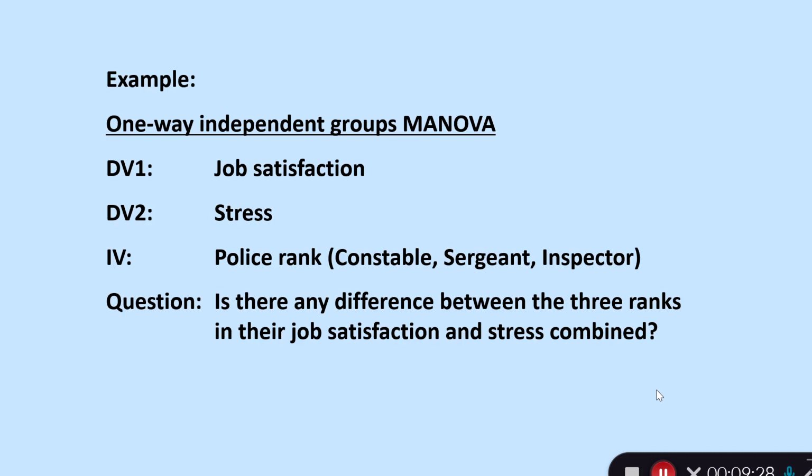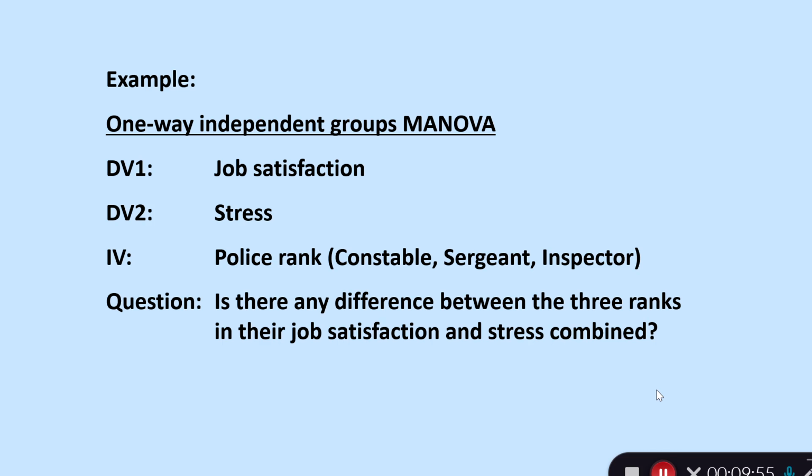Okay, so there's an example on this slide. It's building on the one-way independent groups ANOVA we saw a few slides back. So what we've got here is a one-way independent groups MANOVA, and the design might look like this. We've got more than 1 DV. DV1 is job satisfaction, so again it's a scale variable. DV2 is stress, also a scale variable, so it's measured on some scale.